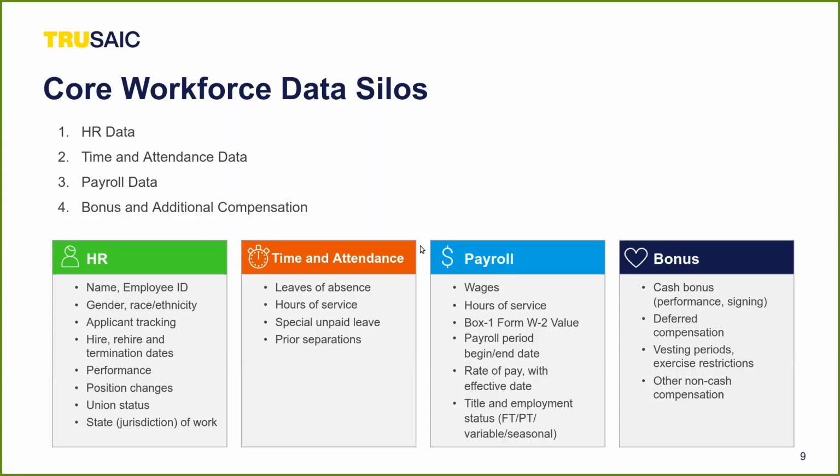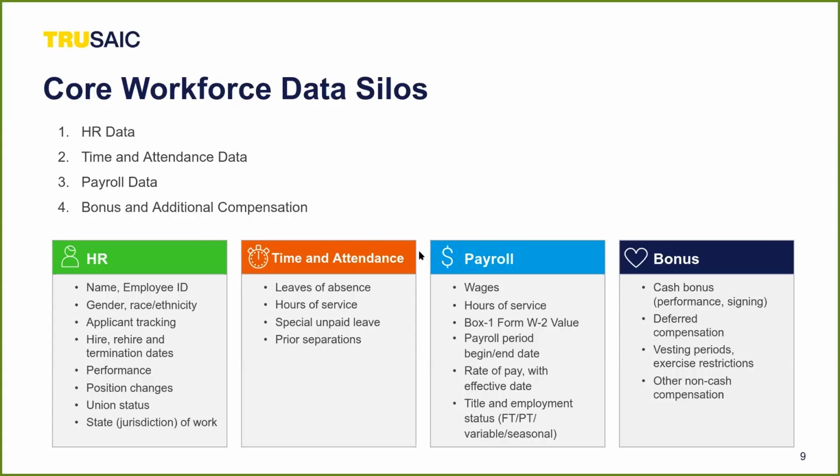And then another piece is all the other compensation that employers provide. So cash bonuses, signing bonuses and performance bonuses, deferred compensation, vesting periods and exercise restrictions on equity-based awards like stock options or restricted stock units. And then there are other kinds of non-cash compensation, for example, the use of vehicles and whatnot.